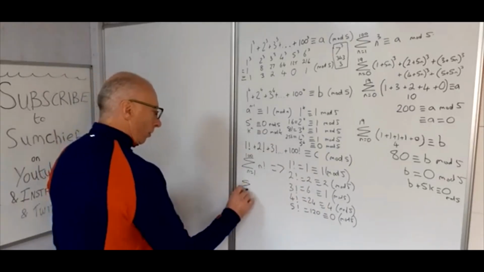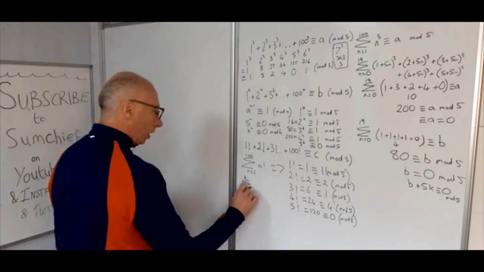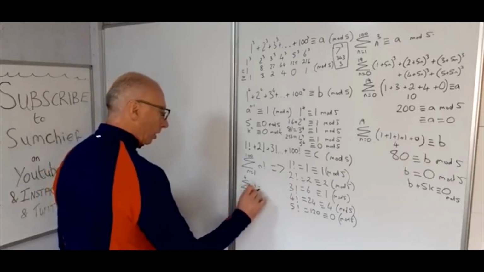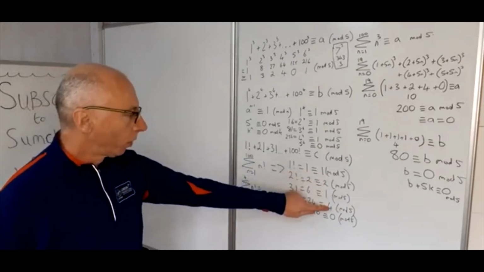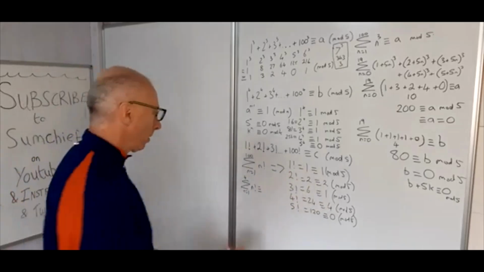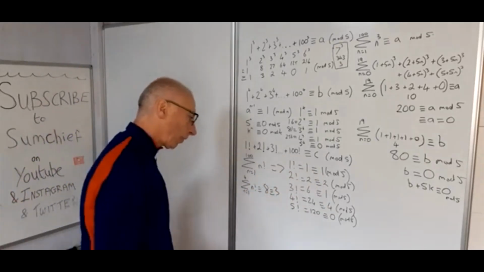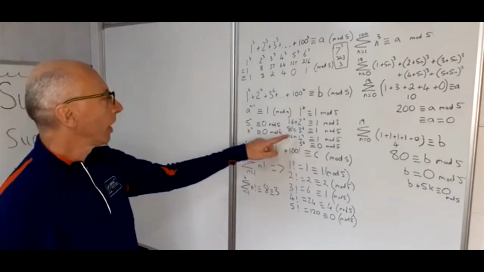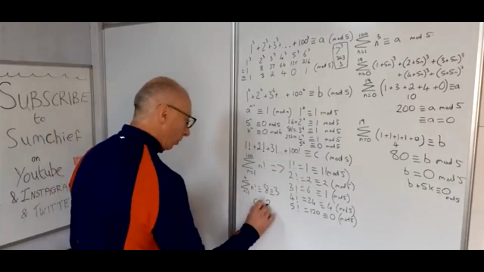So if we just go from n equals 1 to 4 of n factorial, that is congruent with 1 plus 2 plus 1 plus 4, so that's 4, 6, 7, 8, which is congruent with 3 mod 5. So therefore we can say here that our c value equals 3.